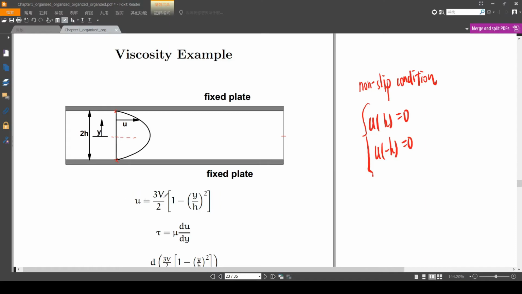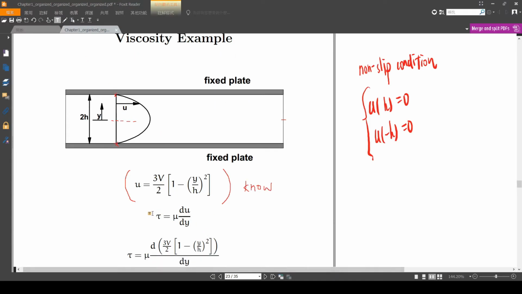In this case, you are given the velocity profile like this. This is the given condition. Because we know that the shearing stress is equal to the viscosity times du/dy, it's a very simple example.